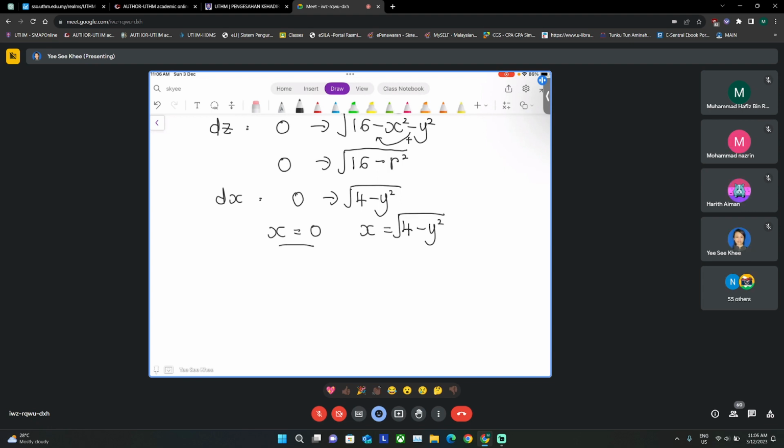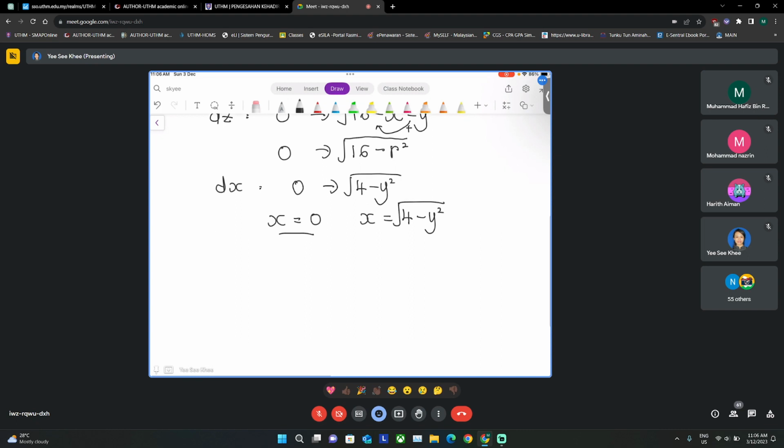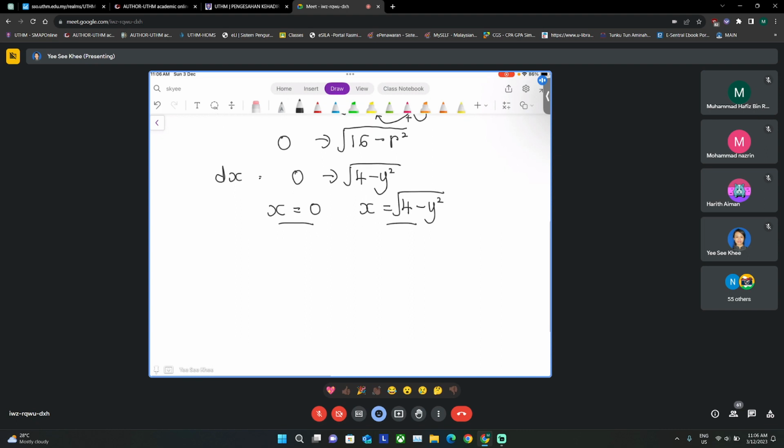So x equals 0 is a straight line located at the position x equals 0. But for this one, you need to draw it out. When you draw it out, you just modify the equation. So it becomes x squared equals 4 minus y squared, because I square the right side and left side.